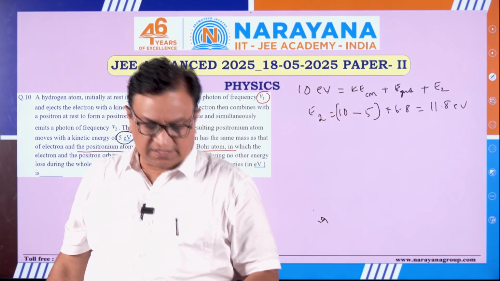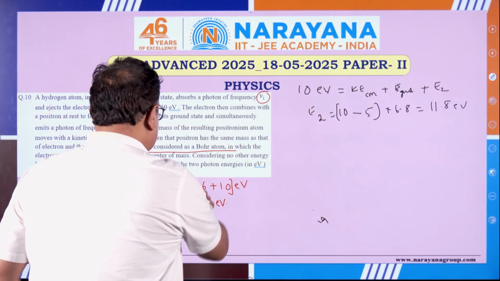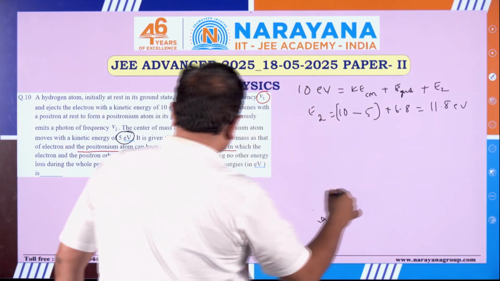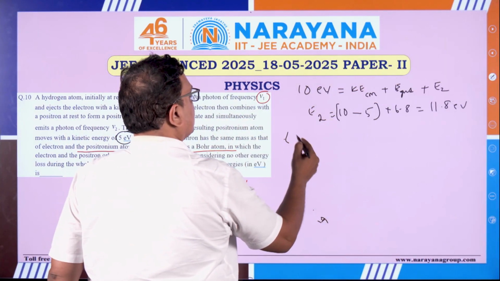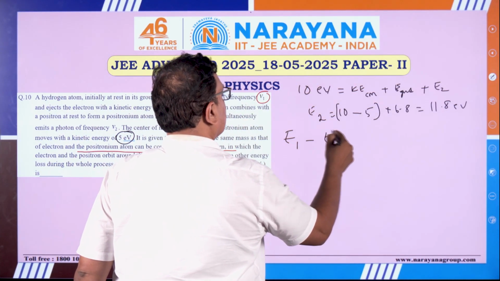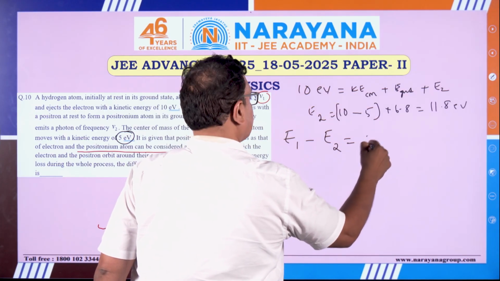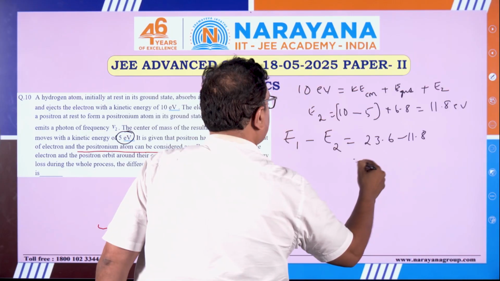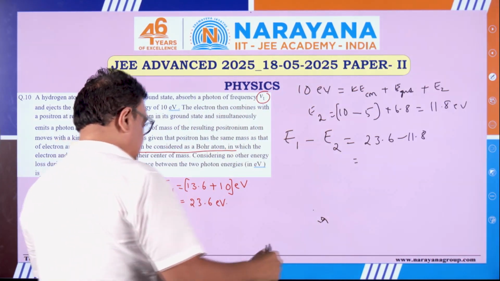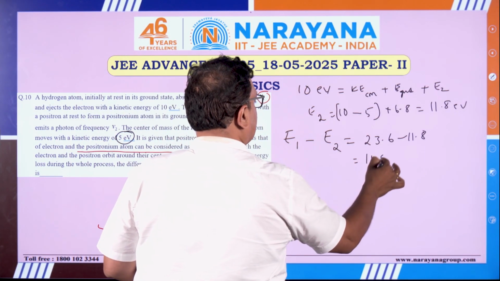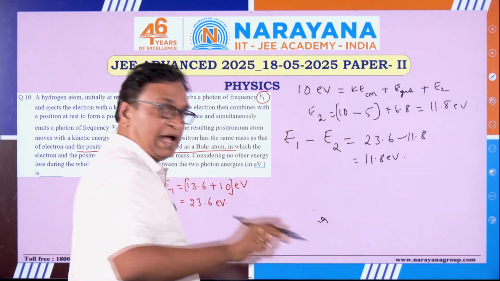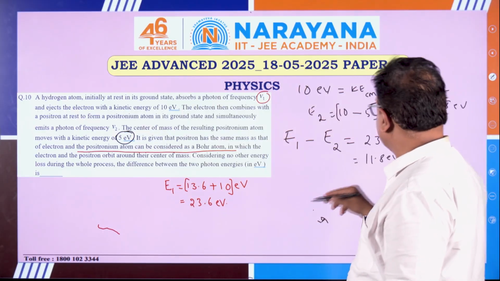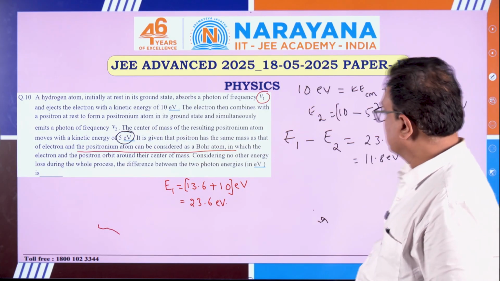That is E2. And by the way, what is E1? 13.6 electron volts. You are asking the difference between the photon energies, E1 minus E2, which is 23.6 minus 11.8. That works out again to 11.8 electron volts for you. I am telling you again, the source of mistake that you people make is this part.